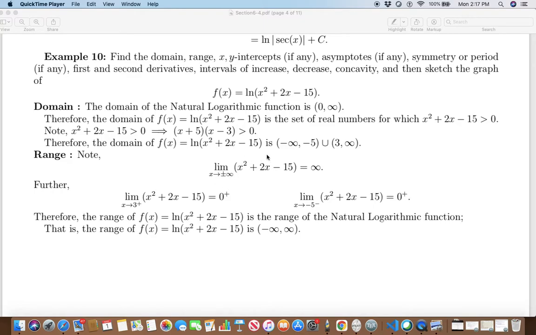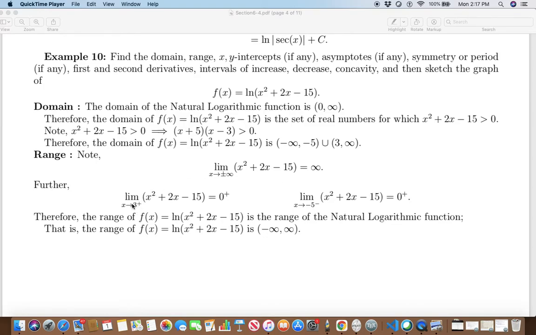Either way, because the highest power is even with a positive coefficient, the limit of this polynomial is positive infinity. So you know that this polynomial goes to positive infinity.